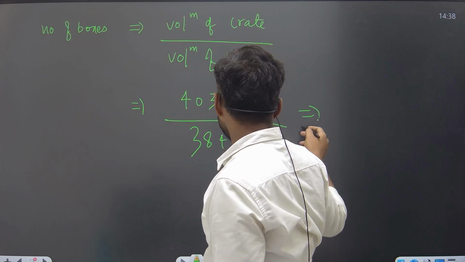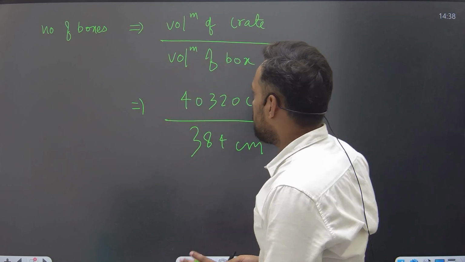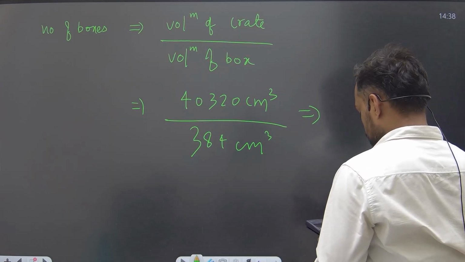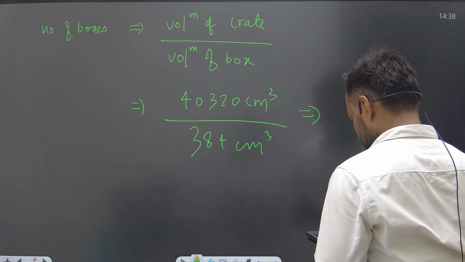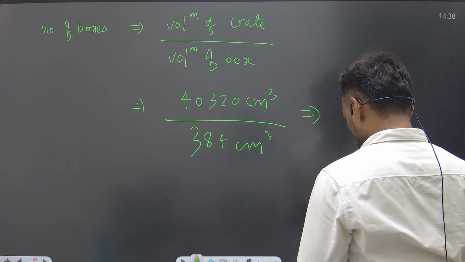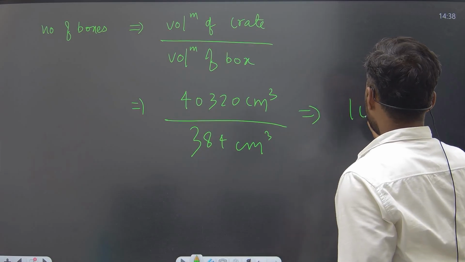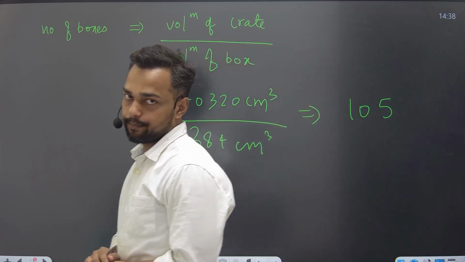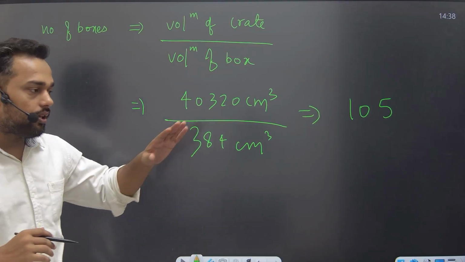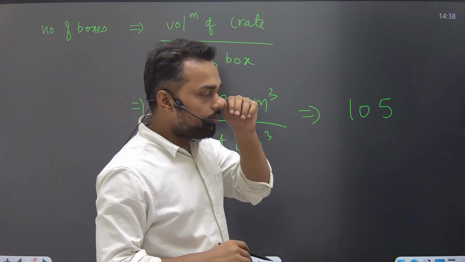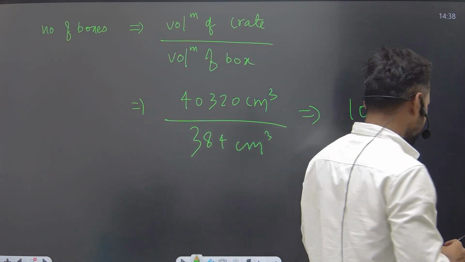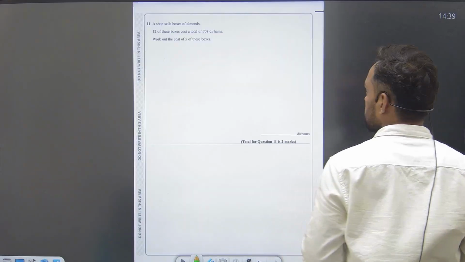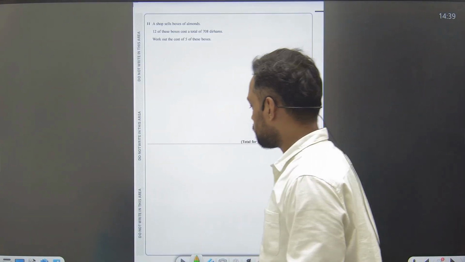Just divide these values, and we will get the number of boxes which can be put into the crate. 105 boxes can be inserted into the crate. Okay, we have divided the volume of a crate by the volume of boxes. Next question.